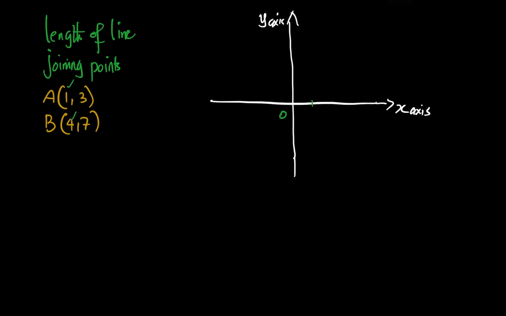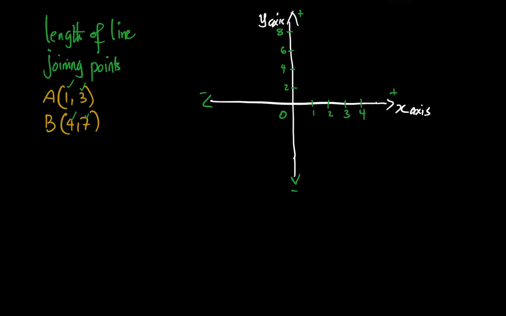So this is 1, this is 2, this is 3, and this is 4. In our y, the maximum is either 3 or 7, so we can mark 2, 4, 6, and 8. Now, this side is the positive y-axis, and this side is the negative y-axis. Don't forget that. This side is the negative x-axis, and this is the positive x-axis.